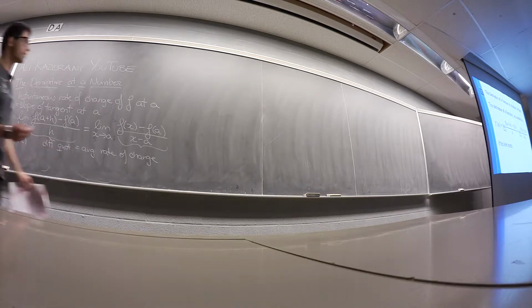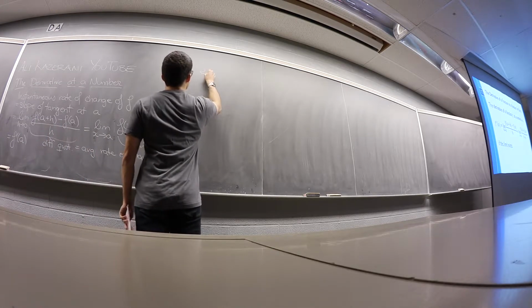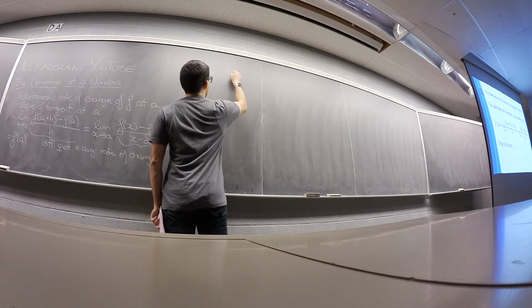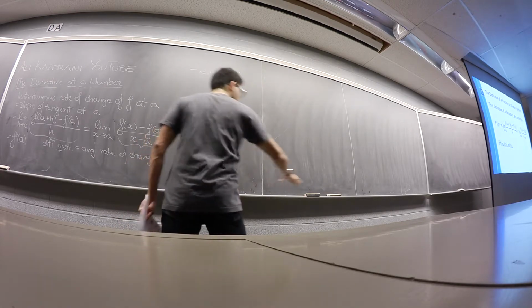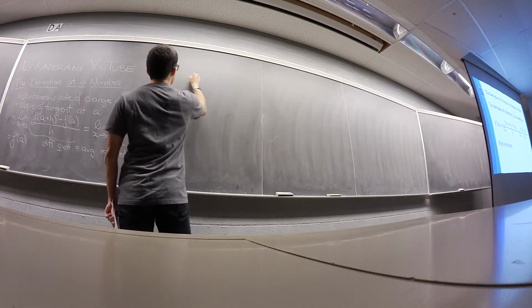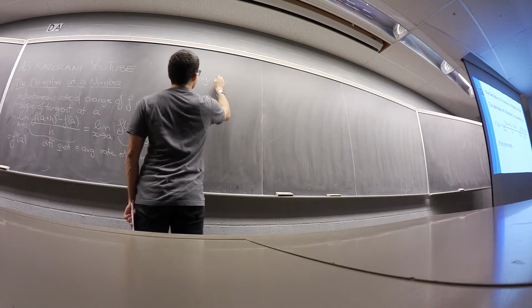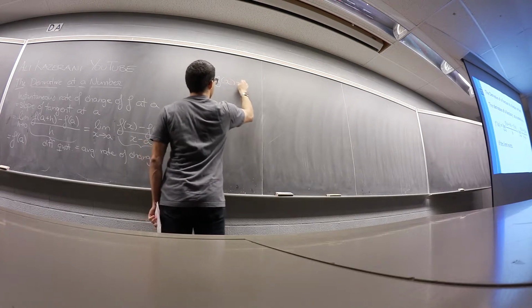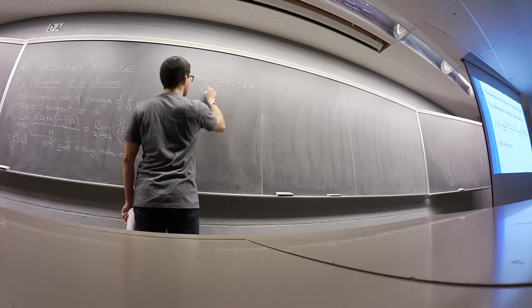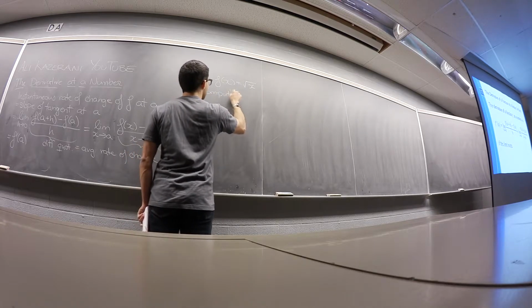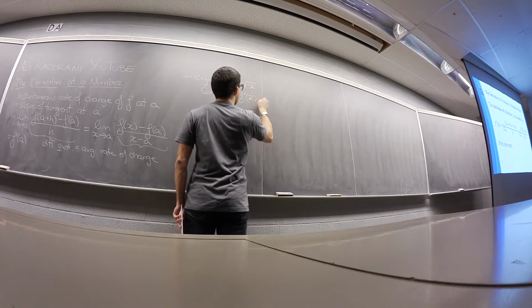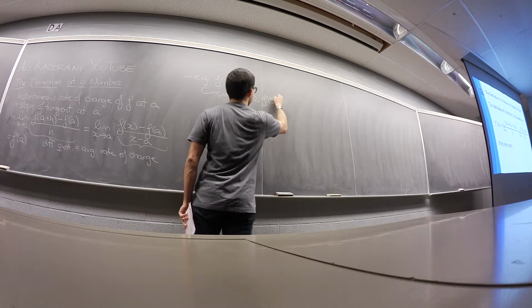Example time. Example. F at x equals square root x. And you want to find f prime at 2 and f prime at 5.